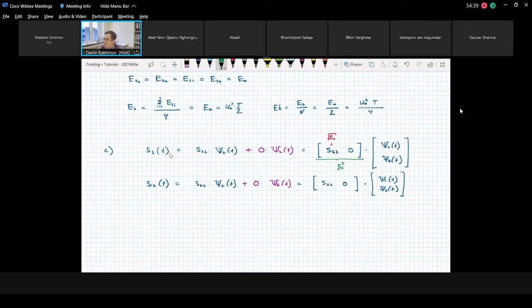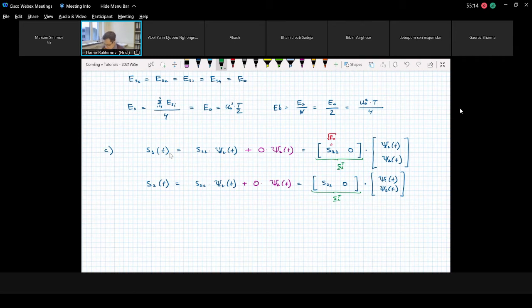And if you want to get a row vector, then you have to transpose it. Okay, so it will be S21 in the matrix. Okay, yes, I made a small typo. Thank you. It should be S21. Of course, it will be S21 and S22, second element equals 0.